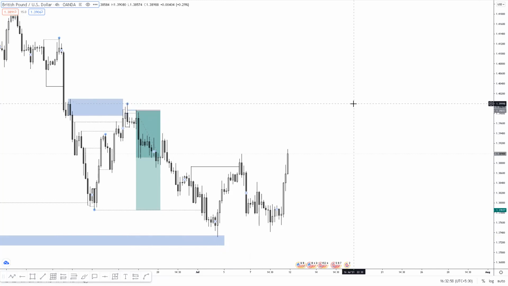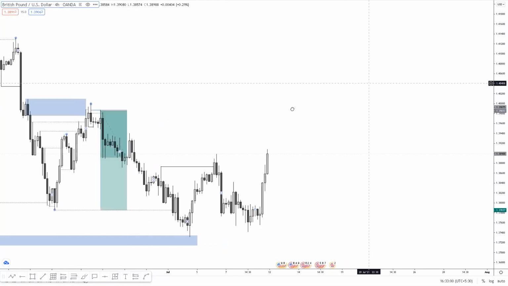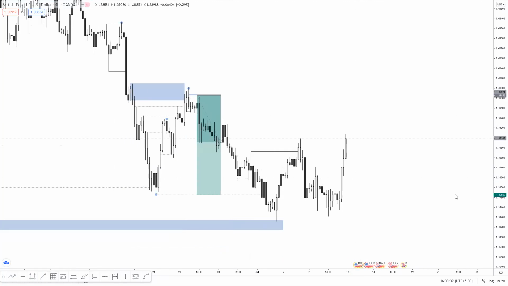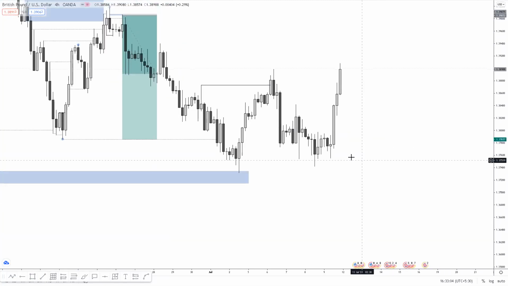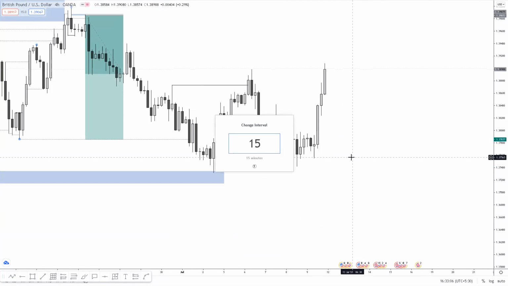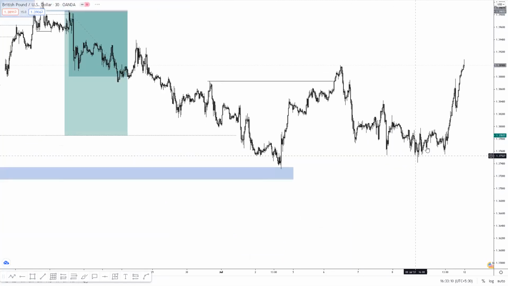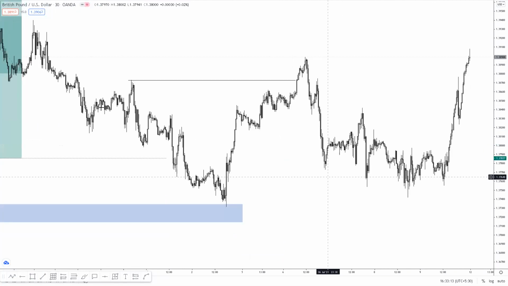We're still bearish. So the thing is, now on the 30-minute time frame, we see a break of structure, a break of a very major structure, right?